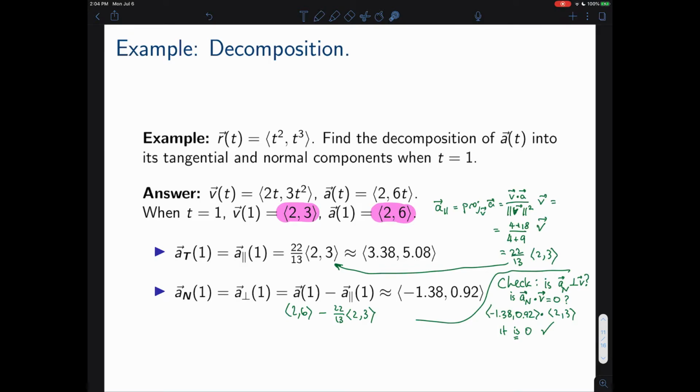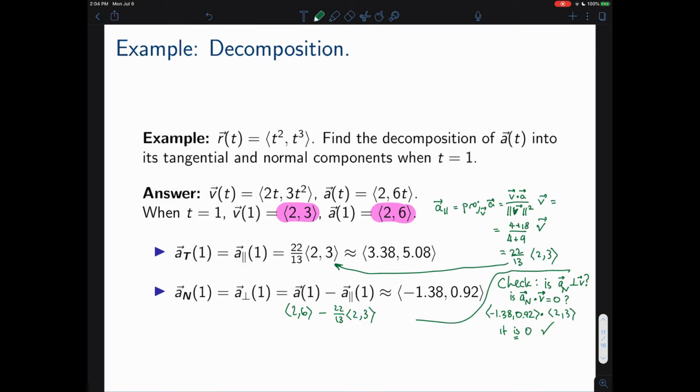Okay, so those are the components, and this is the acceleration vector of the moving object speeding up along its path. So like a gas pedal accelerating forward, and this is a vector to the side of the moving object turning.